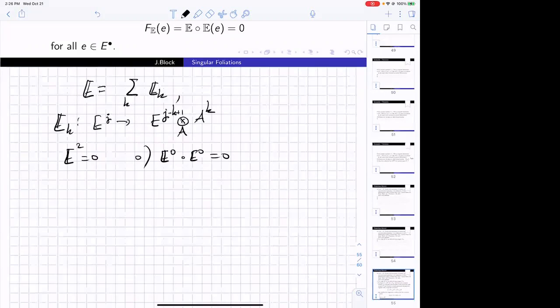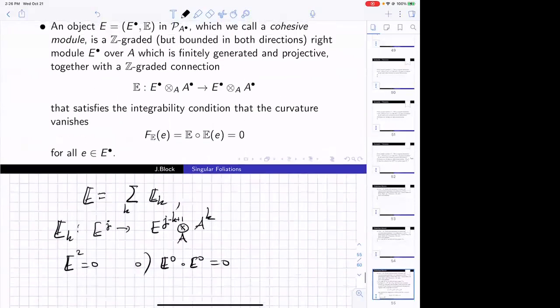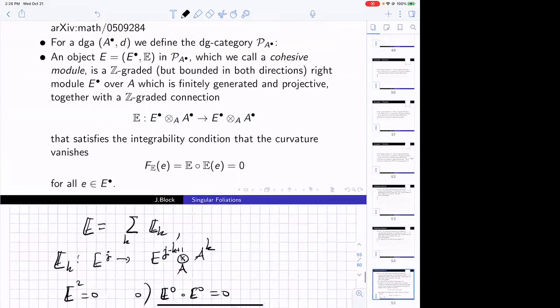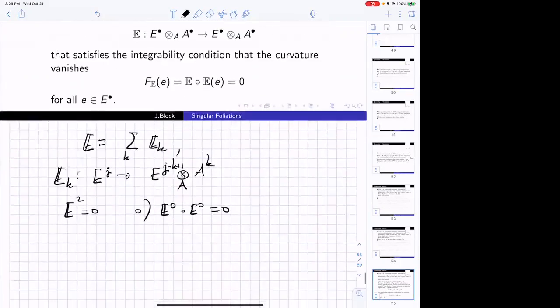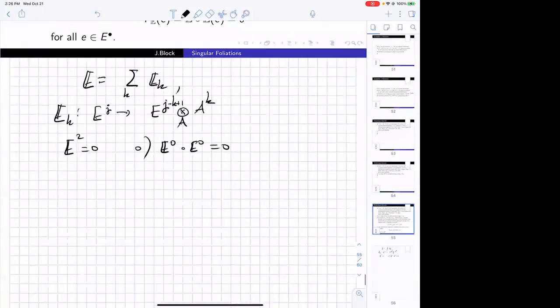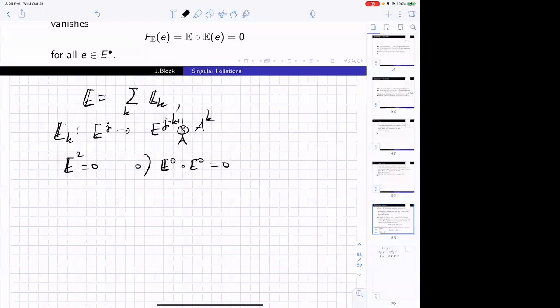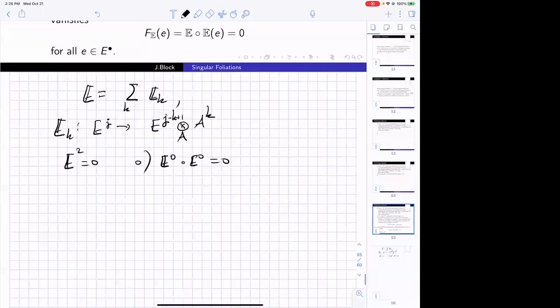So that just says that this complex of differential forms, sorry, this complex of vector bundles or projective modules is a complex with respect to E0. I should also probably say that EK is linear if K is not 1.